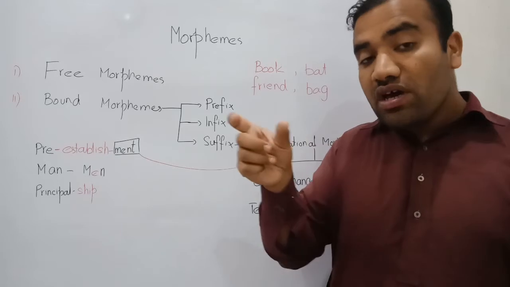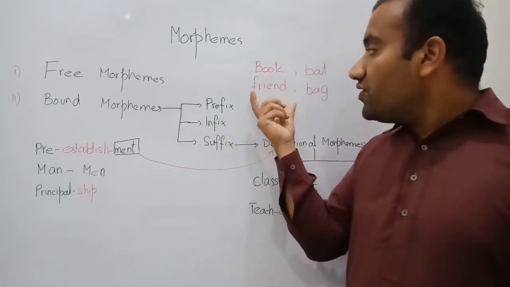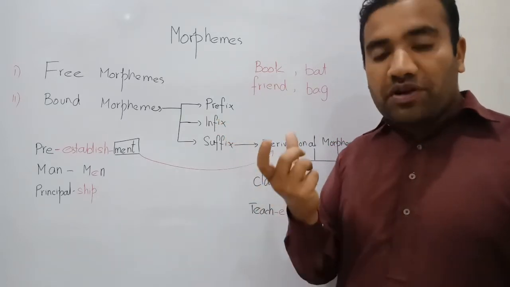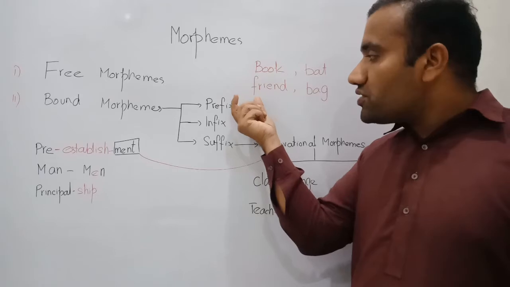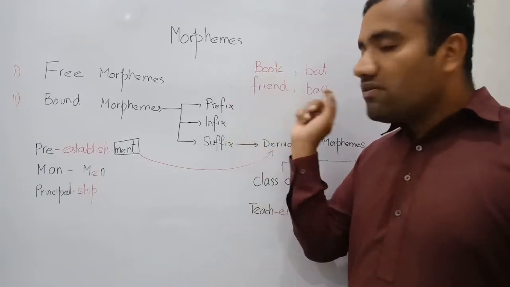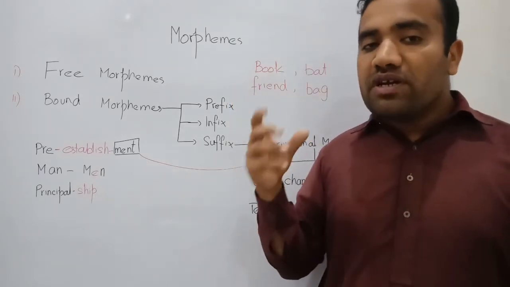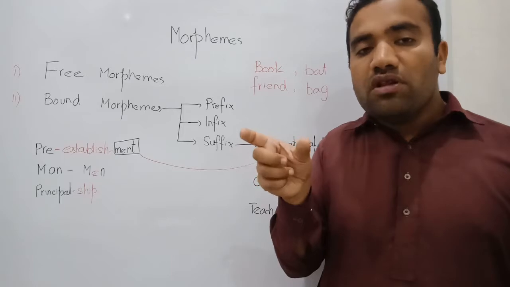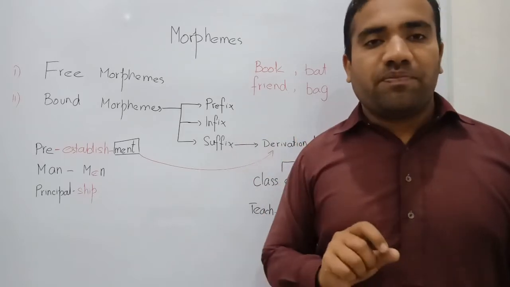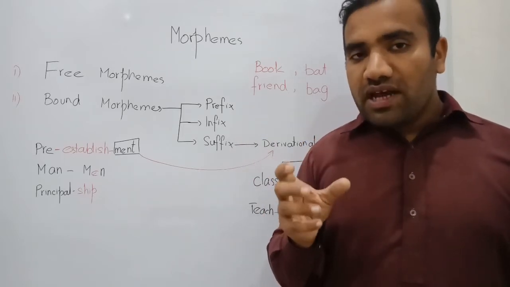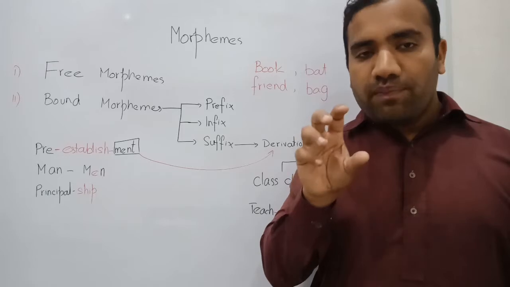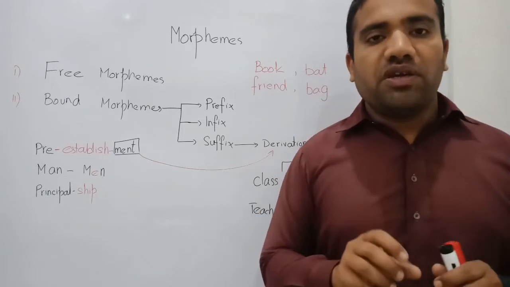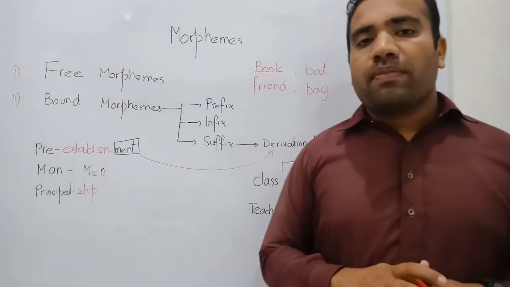So this is also a morpheme, and this morpheme has semantic content. And if we put un with friend, the meaning of that morpheme will totally change. It means that when we attach the bound morpheme to the free morpheme, they can change the meaning.